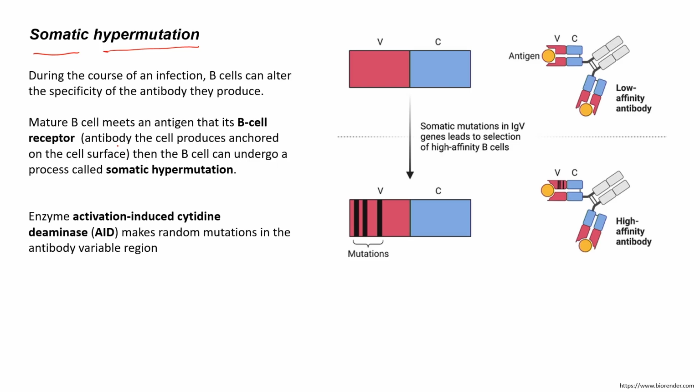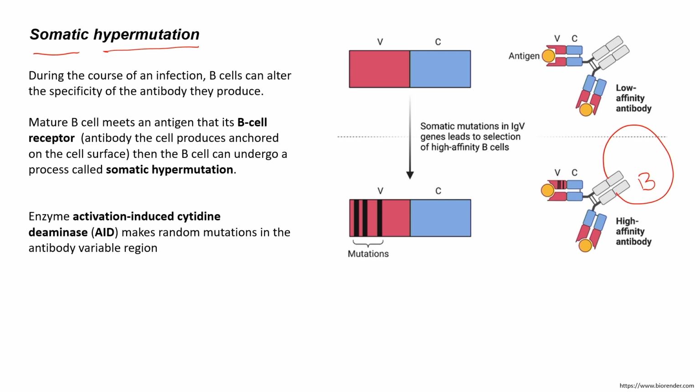A mature B cell meets an antigen through its B cell receptor. So this is a B cell, and we have the receptor of the B cell, which is immunoglobulin, that can bind to an antigen.